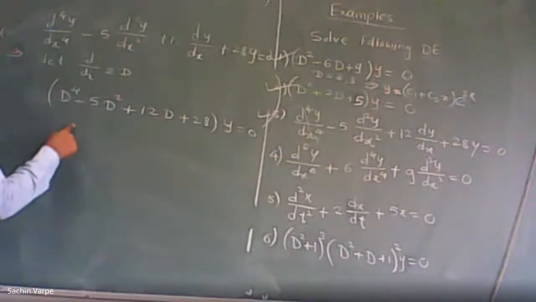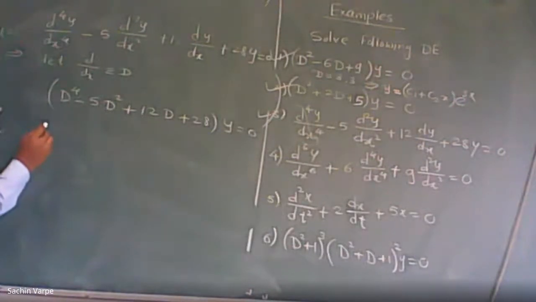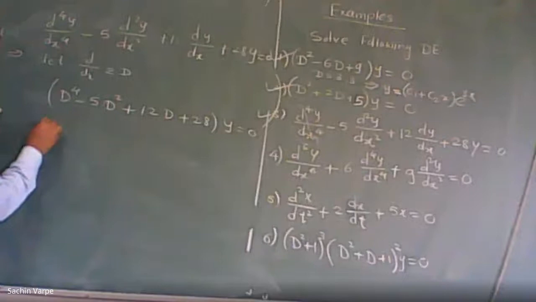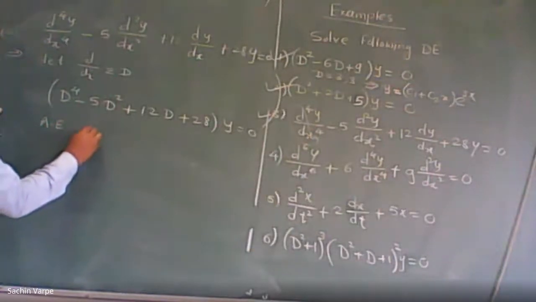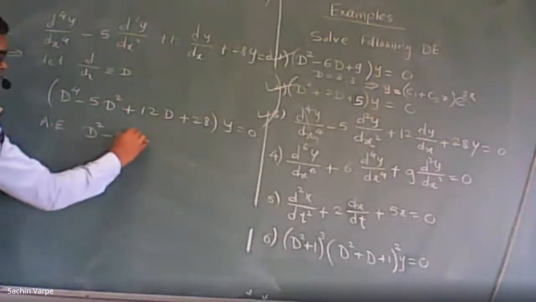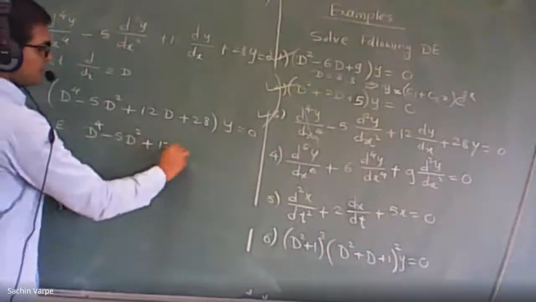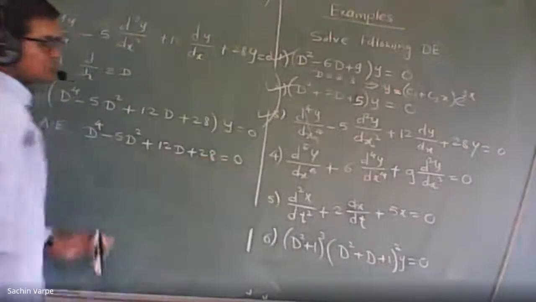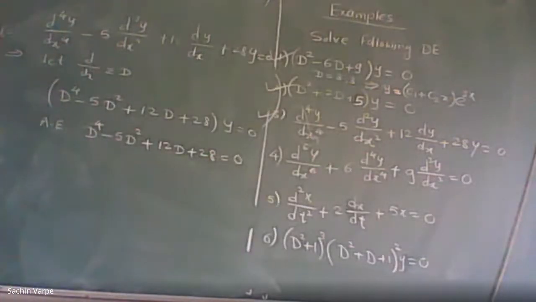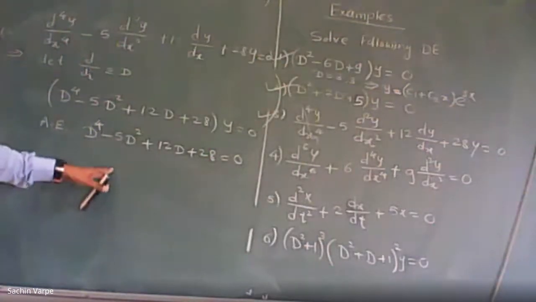Anyway, so now consider the auxiliary equation. The auxiliary equation is D raised to 4 minus 5D square plus 12D plus 28 equal to 0. So how to solve this?